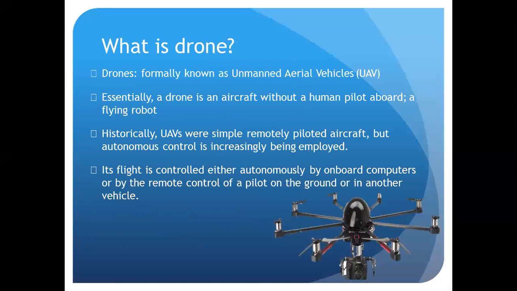So what is a drone? You can read here. The drone was formerly known as the unmanned aerial vehicle. Unmanned means no person is operating this vehicle. Aerial, because it is moving in the air.